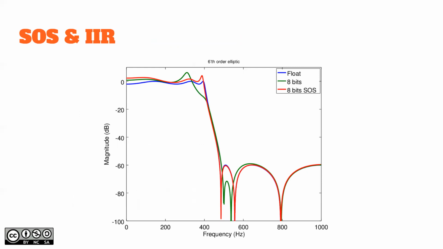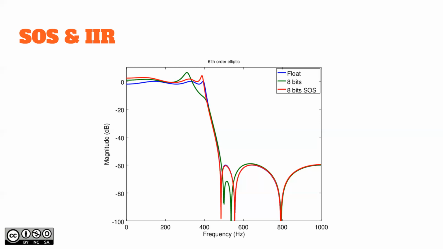And then we have the IIR, where more serious things happen. Basically, we can easily have a system go unstable. Here, it's not yet unstable, but the second order system implementation is much better than the direct form, for sure.